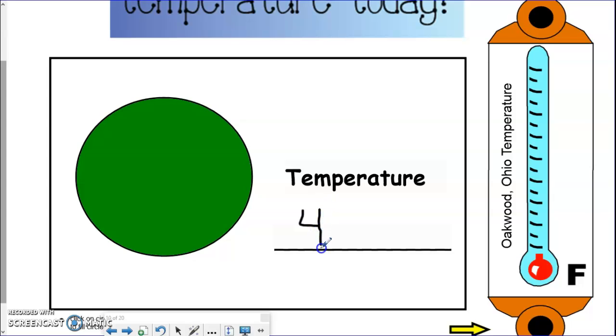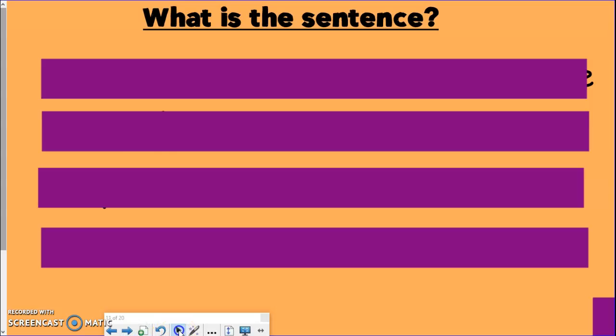That's the way to make a 4. Now remember with our 1, we always start up at the top too. 41 degrees. No, degrees, what does that F stand for again? Degrees Fahrenheit. Good job.